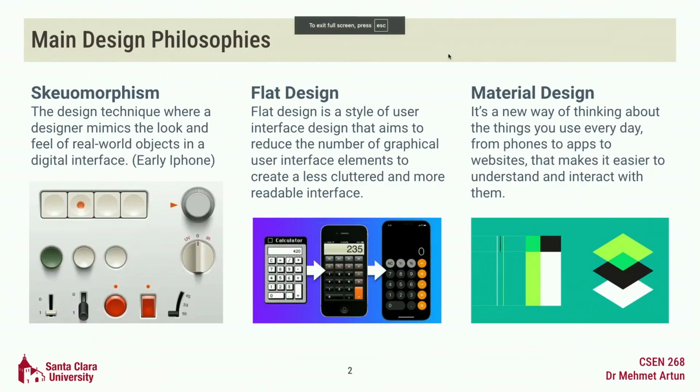Okay, so before we dive into material design, we should just have an overview of the three different design, let's say, philosophies, right? The first design philosophy was skeuomorphism. Skeuomorphism, basically, you have something on the screen that shows an image of a real-world object.